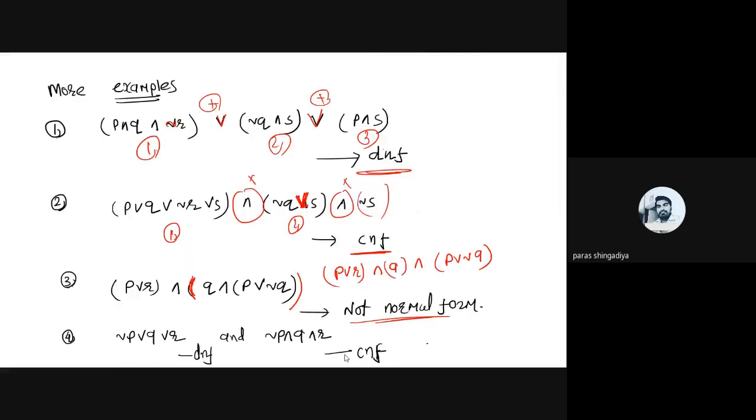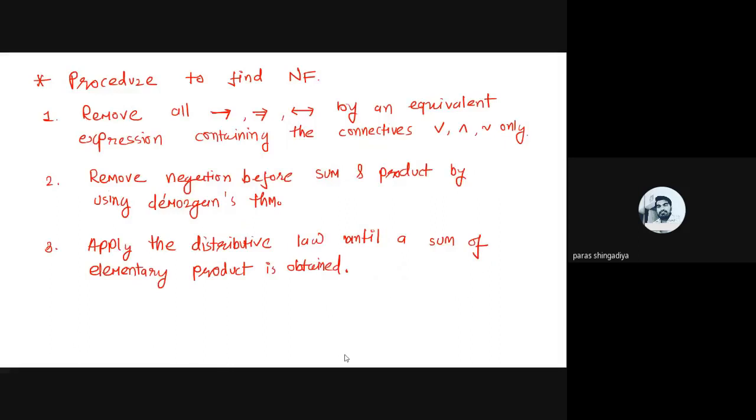So these two definitions are important for this topic, to derive the CNF and the DNF. So how can we identify the normal form of any compound statement, which includes a conditional, biconditional, and so on? So, the procedure to find DNF as well as CNF.